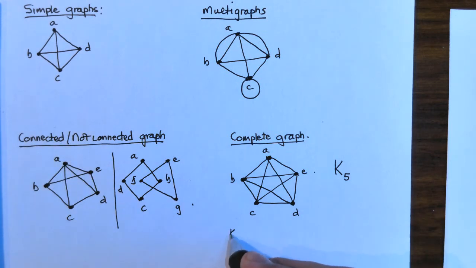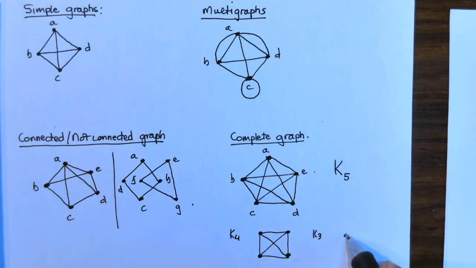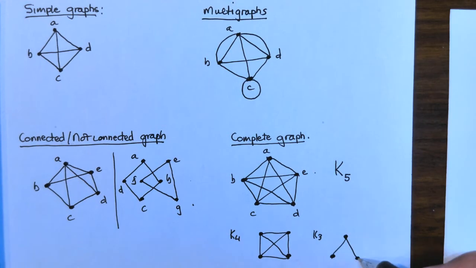Let's draw K4. K4 will have 4 vertices. I'm not going to label them. And each vertex is connected to every other vertex in the graph. That's what K4 would look like. K3 is simply just a triangle.